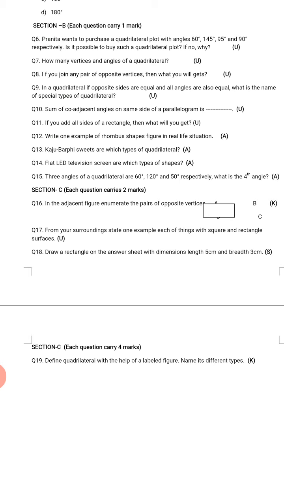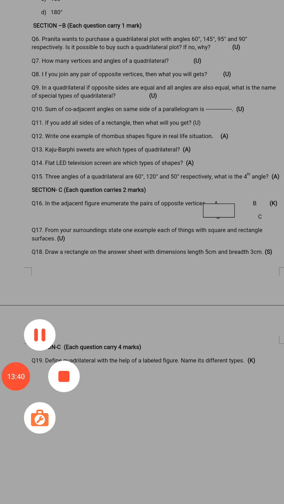Keep in your mind: all the objective questions in one group, all the very short answer questions in another group, all the short answer questions in the third group, and all the long answer questions in group D. Beside all the questions you have to write knowledge, understanding, application or skill, and after that you have to write the objectives, that means which objective that particular question falls under. Okay, hope all of you understood. Okay, good night.